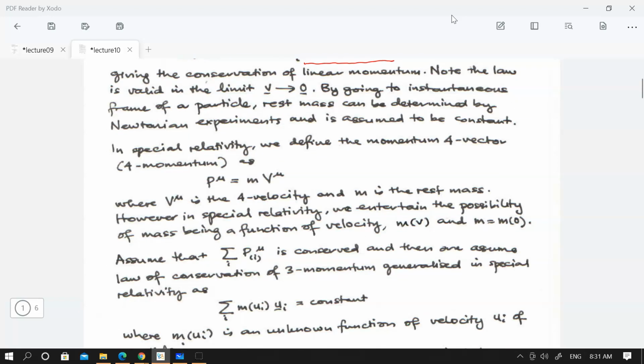So our starting point would be to write a similar equation to the one in Newtonian mechanics.